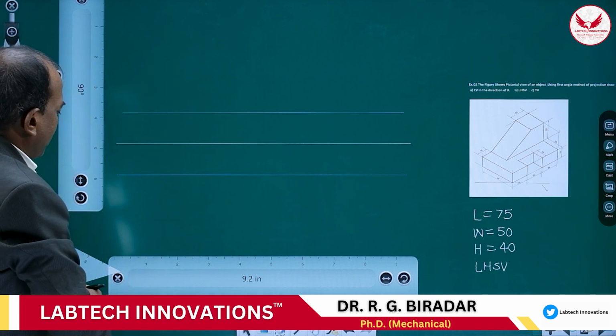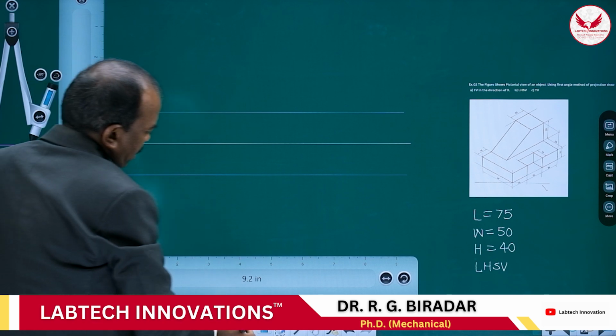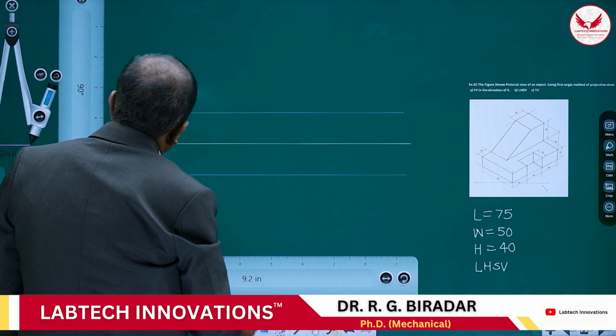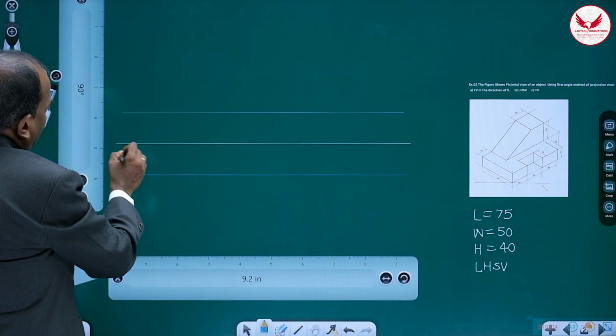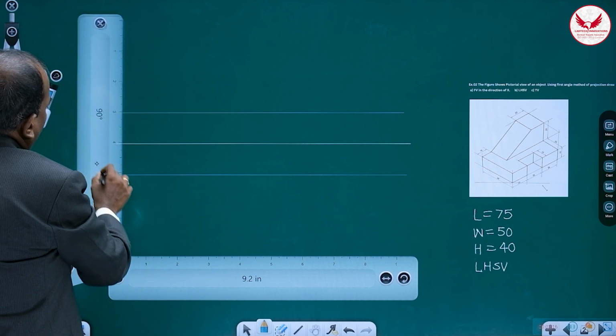Then once you mark this, if left hand side view is there, always start with X, means always start with left hand side.